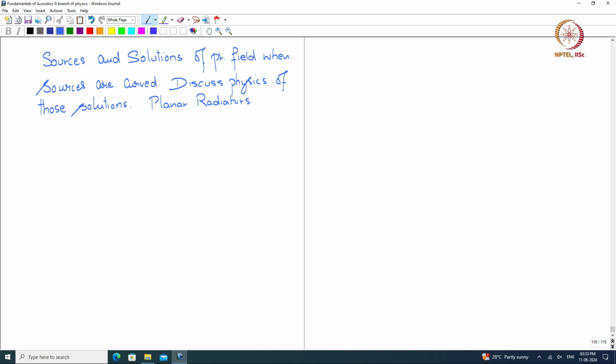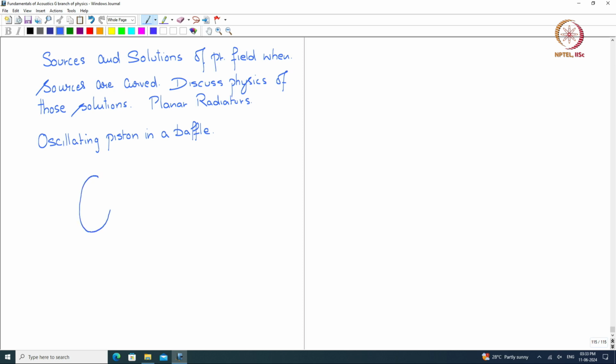Specifically, there is a problem called the piston, or oscillating piston, in a baffle. So what do we mean by that? There is a disc.